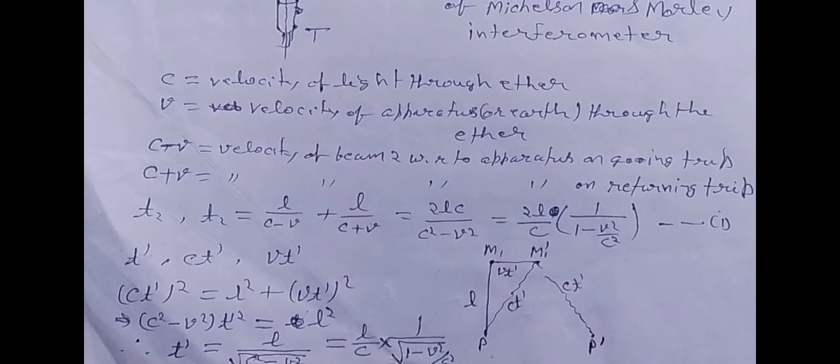So path difference delta is equal to l v square by c square. Now if the interferometer is suddenly brought to rest, v is made 0, then the path difference delta becomes 0.